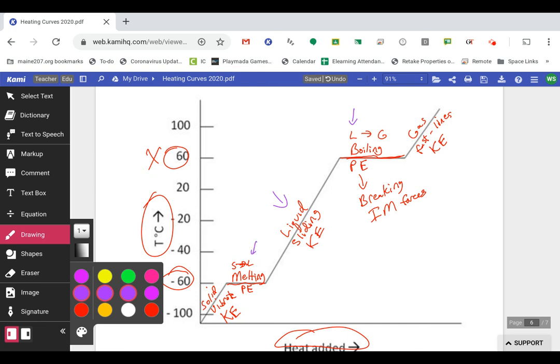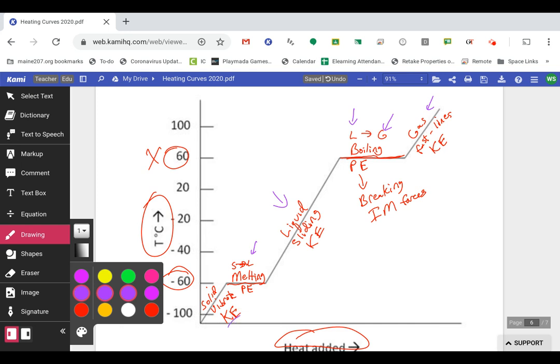Beware of questions that say, where is liquid versus where is only liquid? Where is there only gas? Right there. If I ask, where is there gas? It's there and there. If I ask you, where is kinetic energy changing?